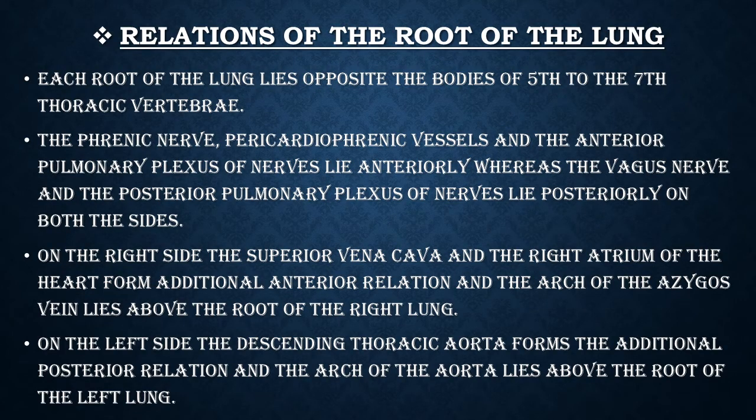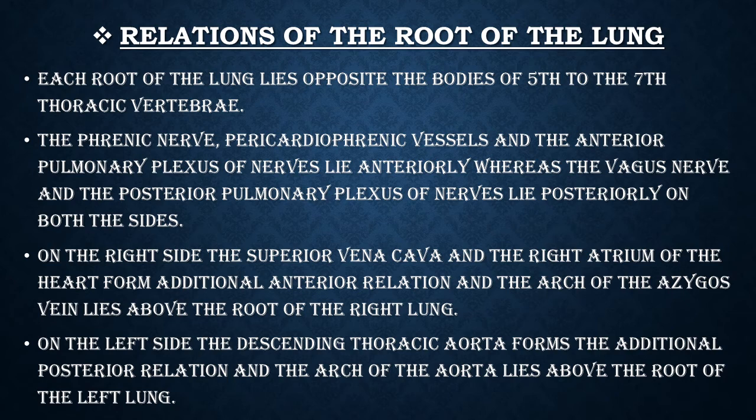Relations of the root of the lung. Each root of the lung lies opposite the bodies of the 5th to the 7th thoracic vertebrae.